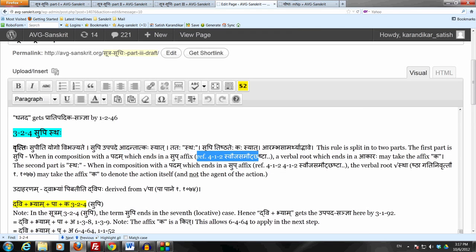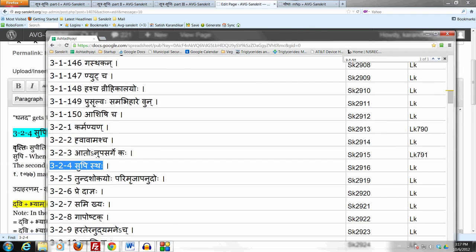Supaffixes are, as we know, described by 412, swav, jas, maut, etc. So the upapadam may end in any supaffix, not necessarily karmanya upapade, not necessarily in the second case affix, but in any supaffix. Then what happens? A verbal root which ends in akaraha, anuvrittikam from the prior sutram, ataha, so adanta dhatoho, may take the affix ka.